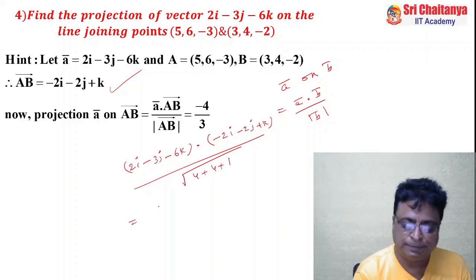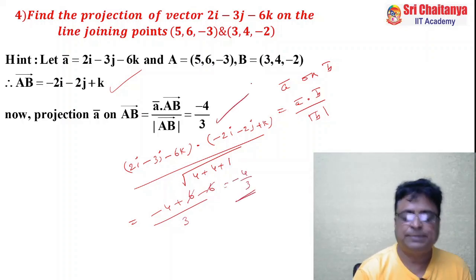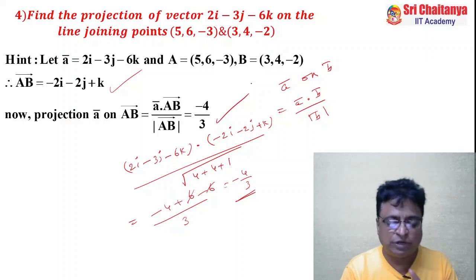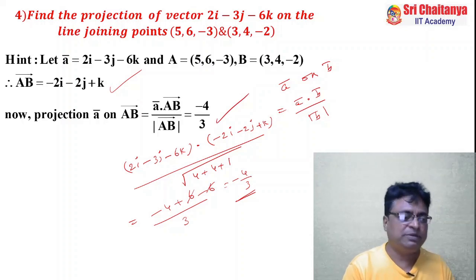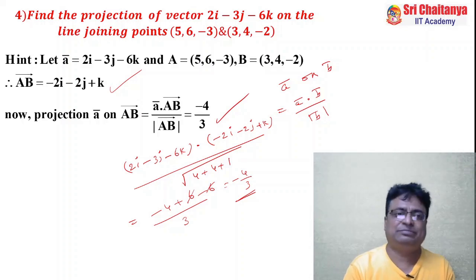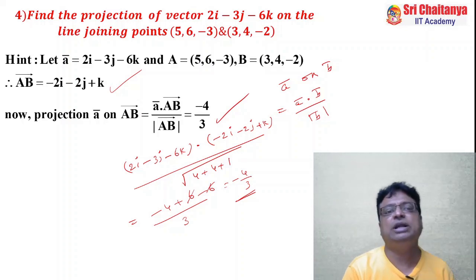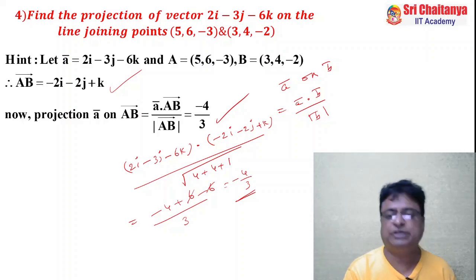You simplify this, you will get minus 4 and plus 6, and this is minus 6 by root 9, that is 3. These two get cancelled. This is minus 4 by 3. So this is the projection. Please don't get any confusion: a projection is a scalar, not always a positive number. It matters only based on the direction. Okay, minus 4 by 3 is the answer.